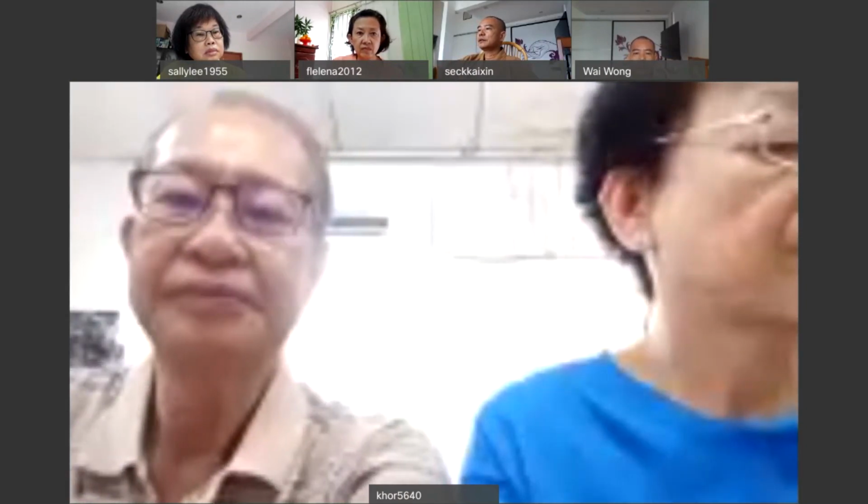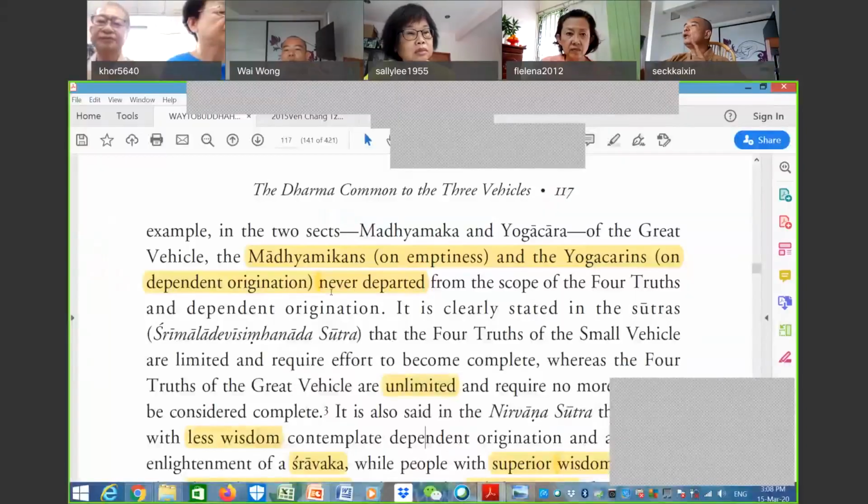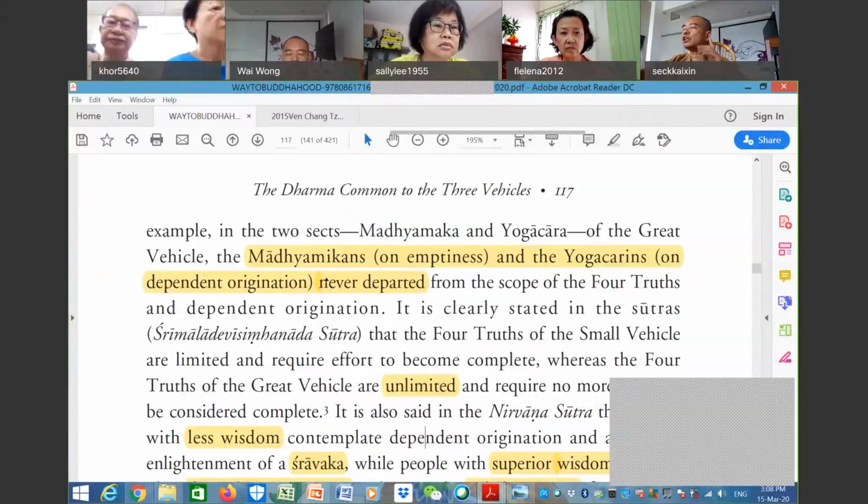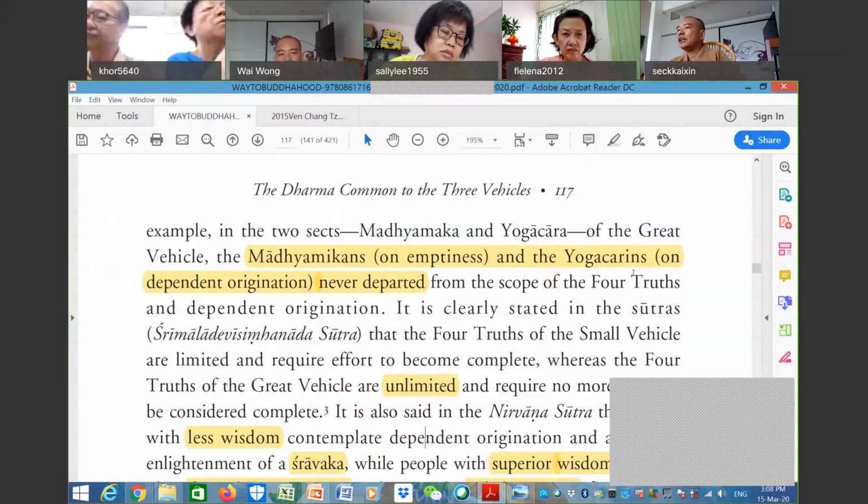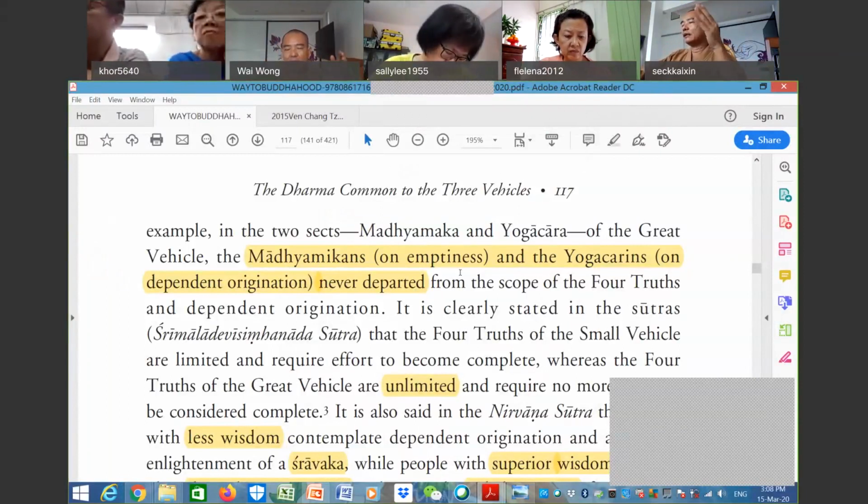Okay, let's take a look. When we talk about the great vehicle, it is usually said to consist of the Madhyamikas and the Yogacharins. Madhyamika is about emptiness.